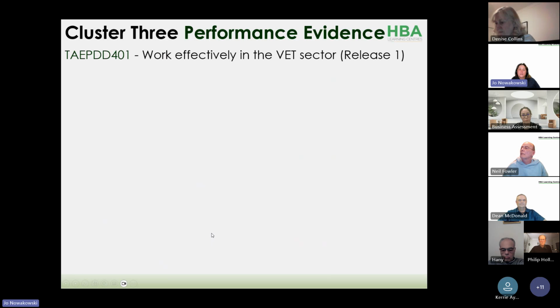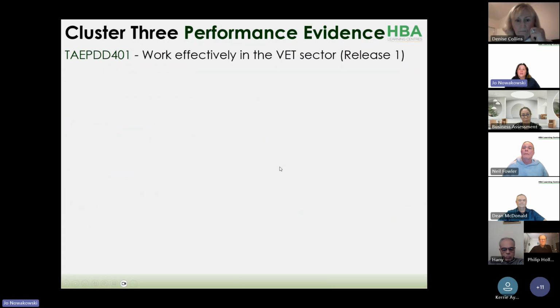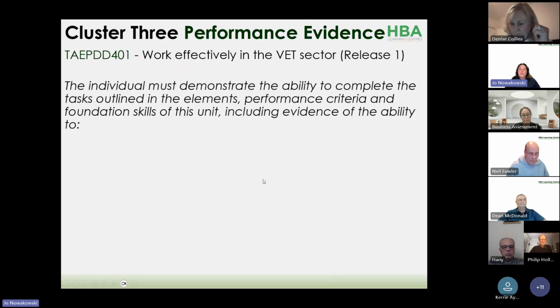Were there any questions before we move on to the last unit of competency in this assess cluster? All good? Okay. The last unit of competency is TAE40122, work effectively in the VET sector.